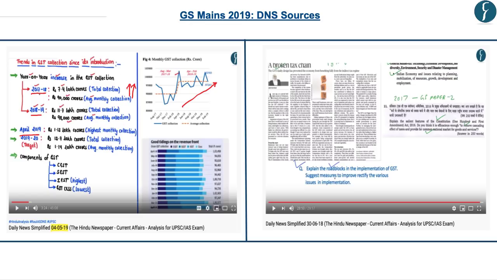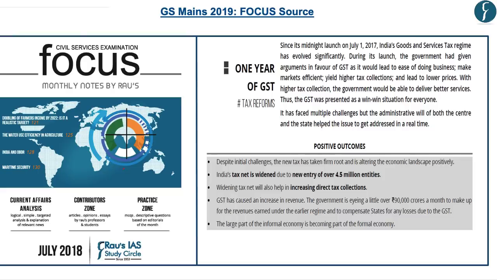Besides, this news was also covered under DNS analysis of 30th June 2018, in which the author of this article had highlighted some of the teething problems in implementation of GST in the initial years. Besides, in July 2018 edition of Focus magazine, the performance of GST upon completion of 1 year was analyzed, highlighting some positive outcomes and implementation issues that were faced in the initial year.